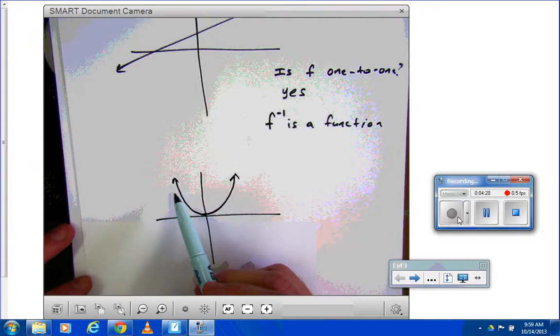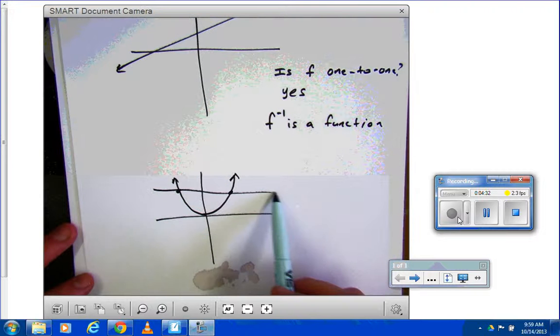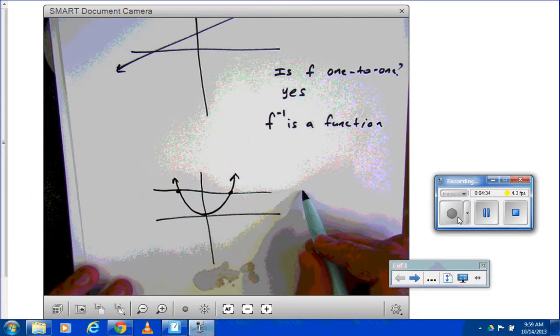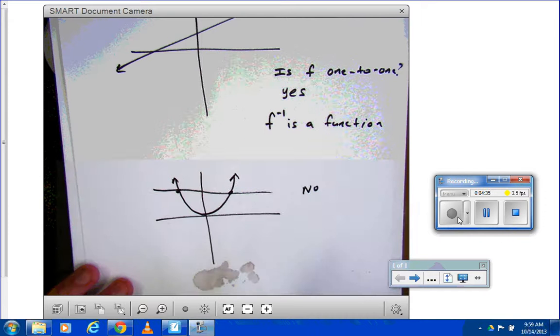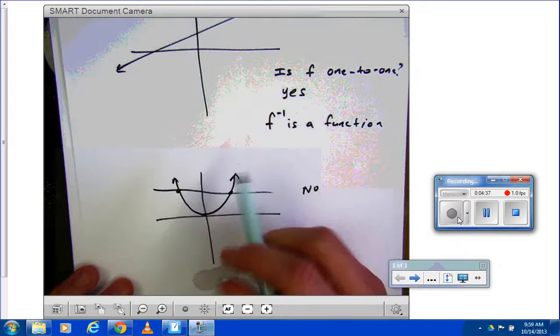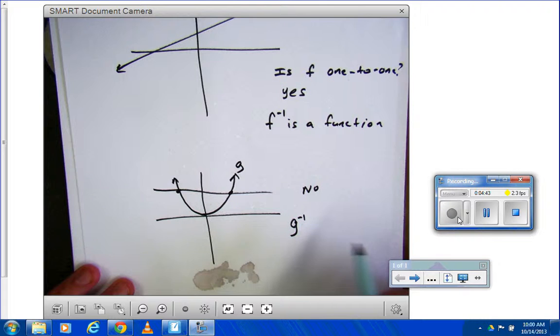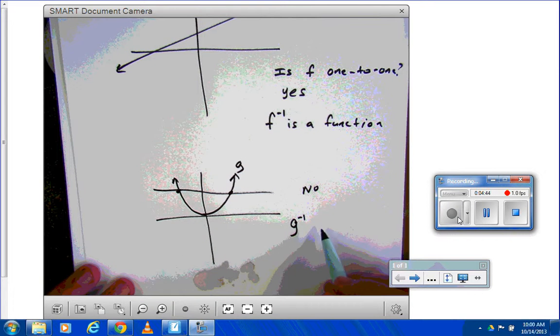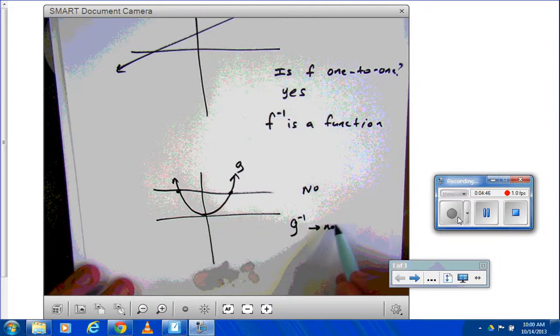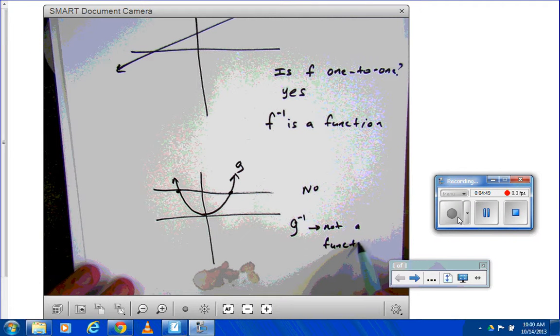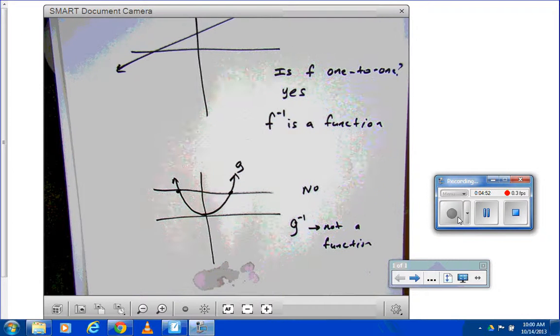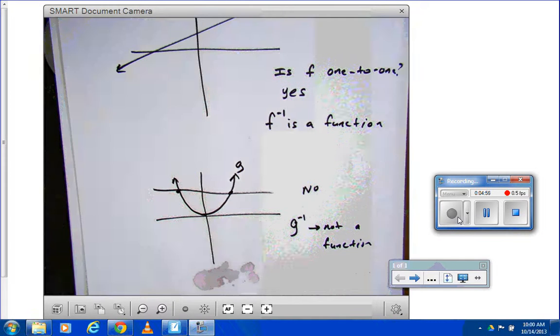You would touch a lot of places where you would touch 2 points at the same time there. So this would not be 1 to 1. So if this was some function g, what could we say about g inverse here? Yeah, it's not a function. Okay, y'all get the idea of the horizontal line test and what it shows me here? It shows me whether or not the inverse is going to be a function.